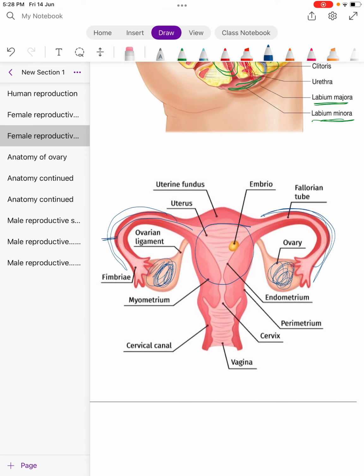The end near to the ovary is funnel shaped, and it is known as infundibulum.